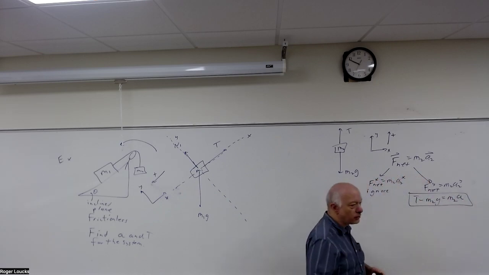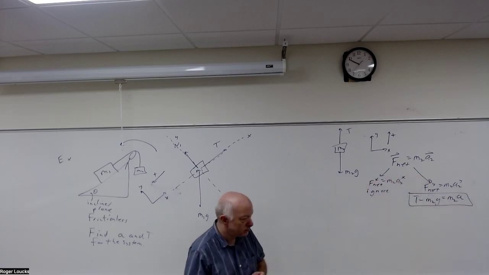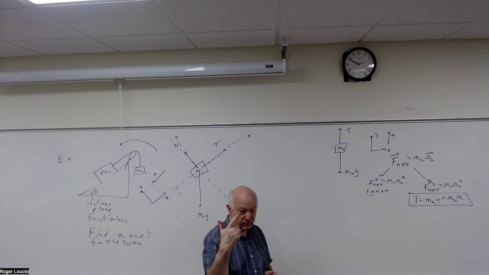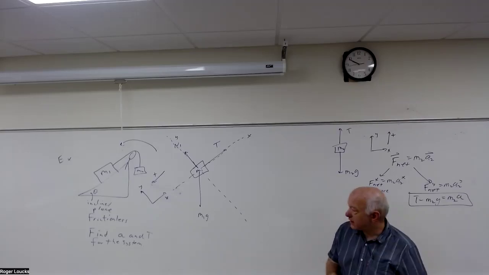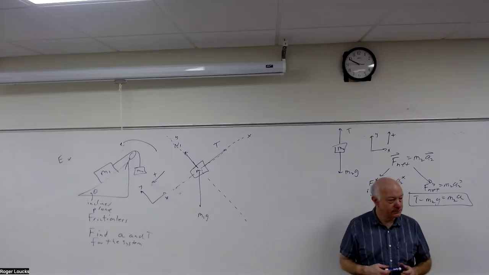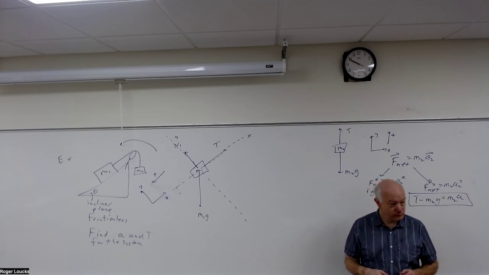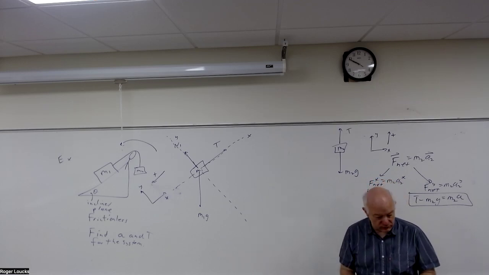So here's my one equation. How many unknowns are there? Two: tension and acceleration. Okay, now what do we have to do next? Make another equation. Yeah, let's go over here and apply the equations on this side.